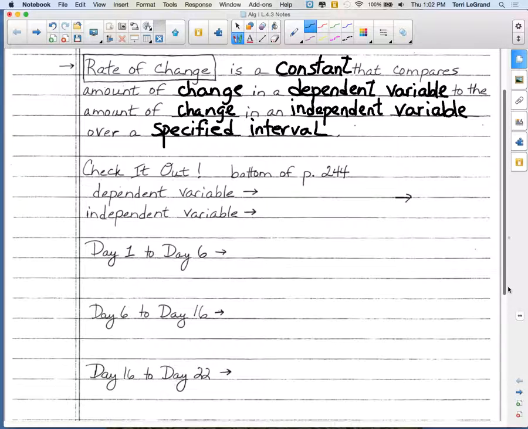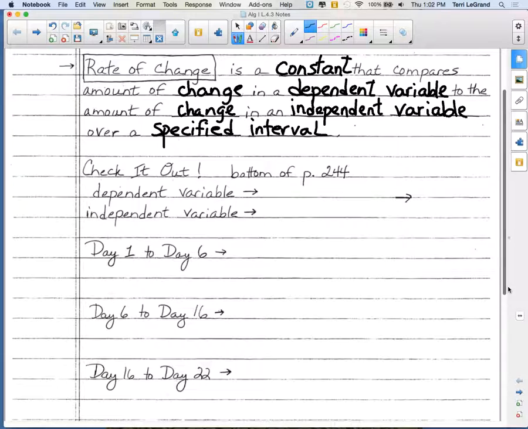So they just started at the left-hand end of the table and worked their way across, saying from 1988 to 1990, there's a rate of change we can calculate. From 1990 to 1991, from 1991 to 2004, and from 2004 to 2008. Okay. So that's what we're going to do in the Check It Out problem number 1 below that.